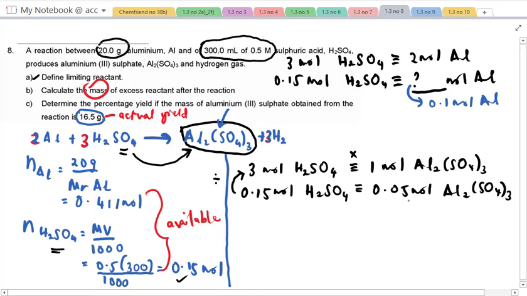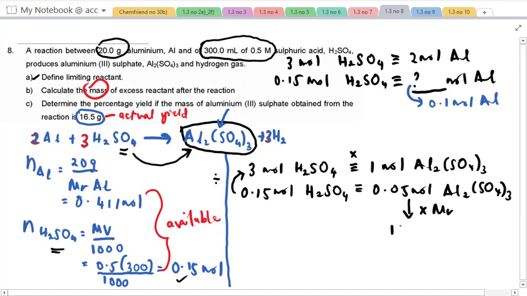Kan? Okay, theoretically, what do we do? Theoretically we have to find the mass of aluminium sulfate produced. From mole we convert to mass. So you have to times with the molar mass of Al2(SO4)3. To convert to mass, you multiply by molar mass.